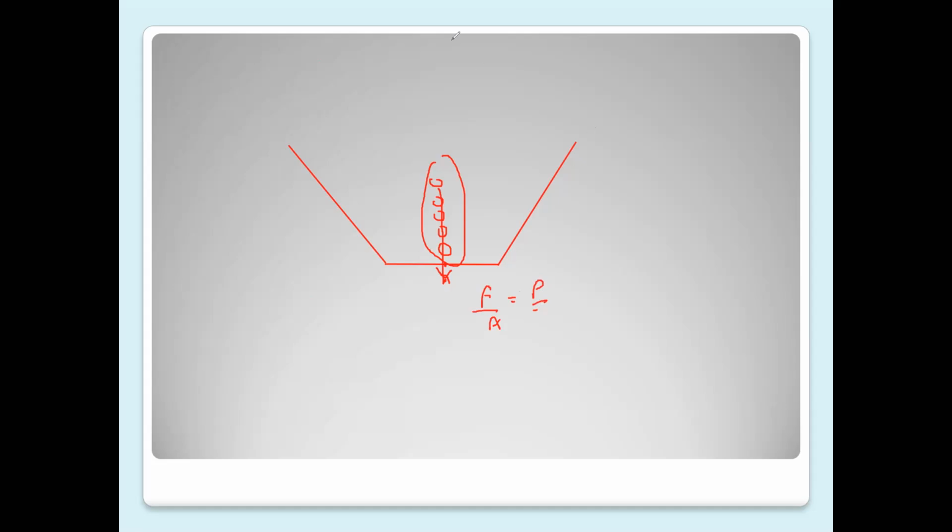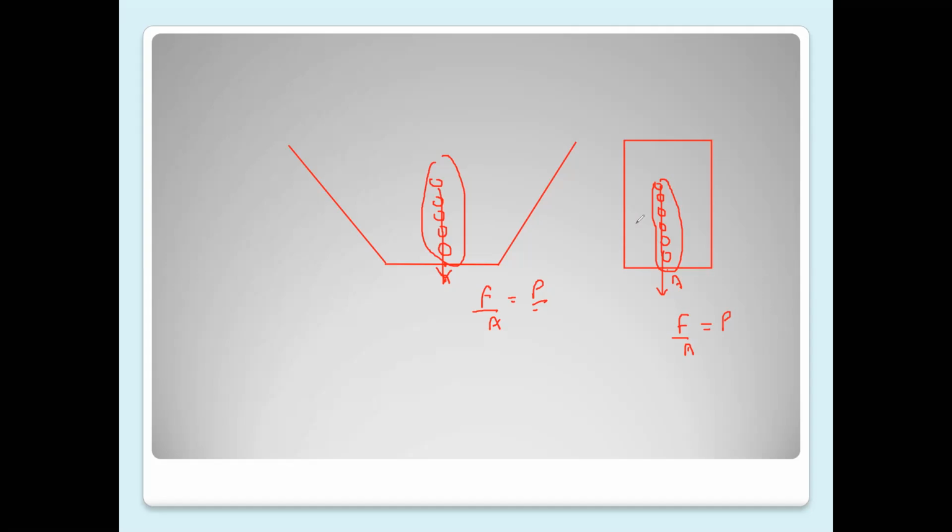If you have another container which is filled with the same type of liquid and the same depth, so 1, 2, 3, 4, 5, and 6, now you have the same number of particles. If I take another point, what will happen? They will also push this downward, force divided by area. They will create a pressure.